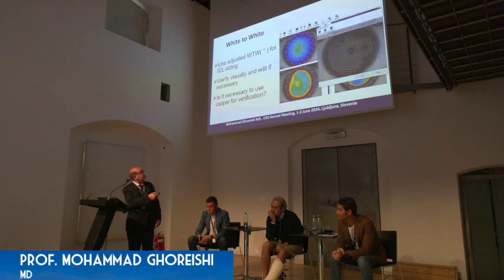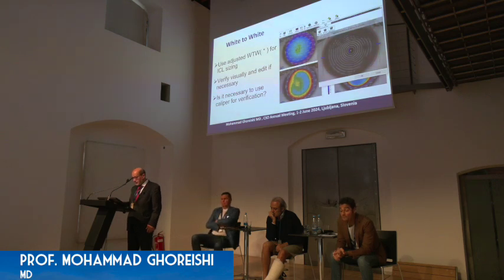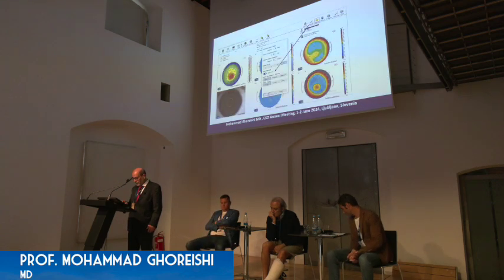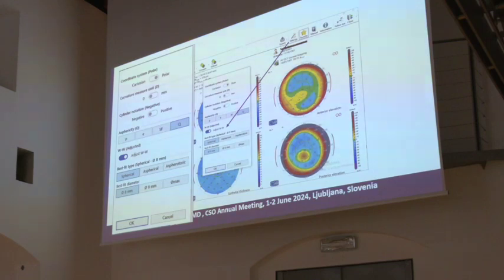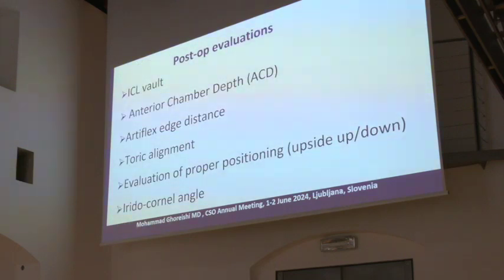For adjusting, you have to go to the settings and choose the adjusted white-to-white. I would like Francesco to mention what the difference is between them, and based on what parameters and factors you adjust.